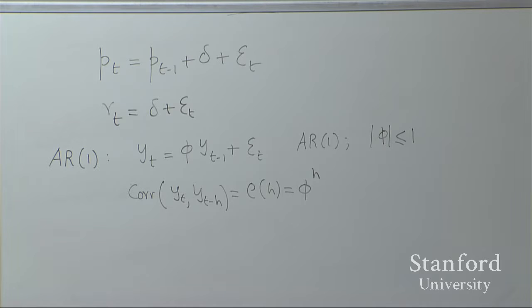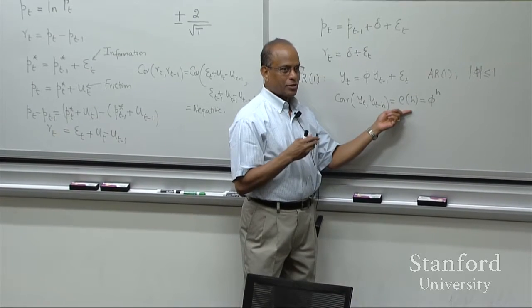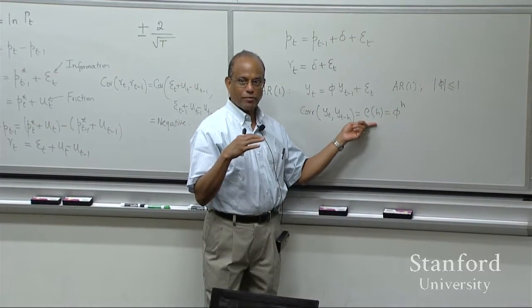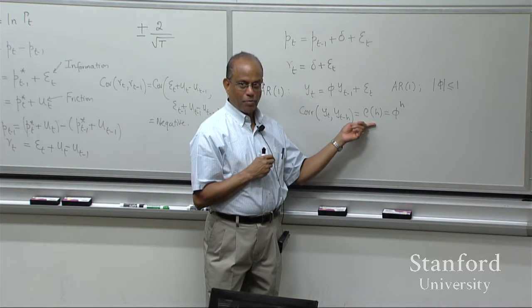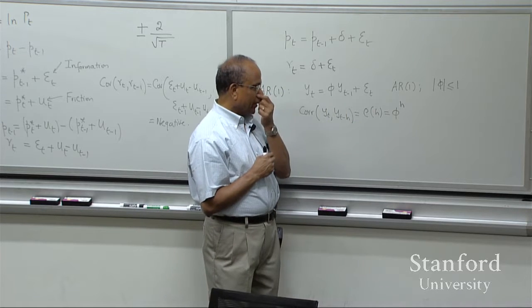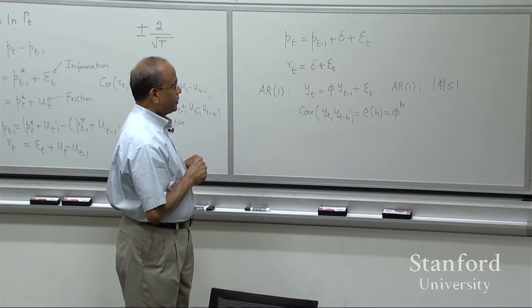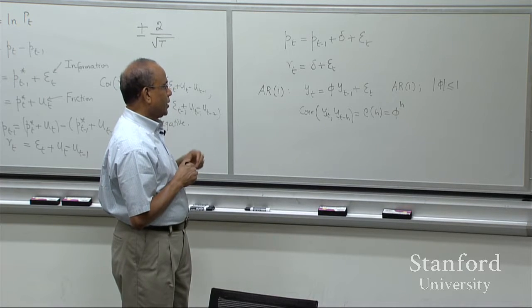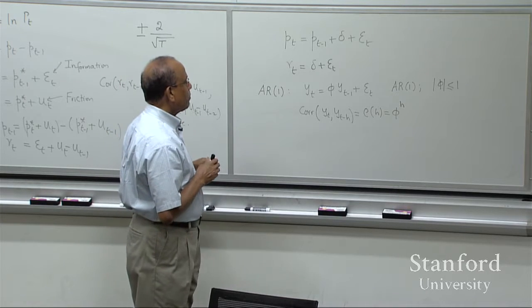So if pi is close to 1, you can see that pi to the power h is not going to die very soon. That's the reason why we saw that graph, remember, for the first series. So from the pattern of the autocorrelation function, you should be able to guess what could be the value of pi.